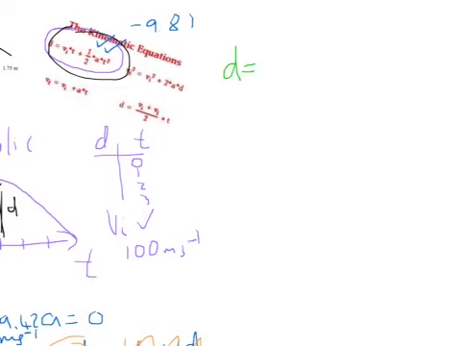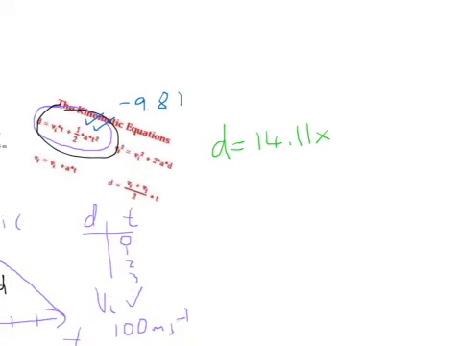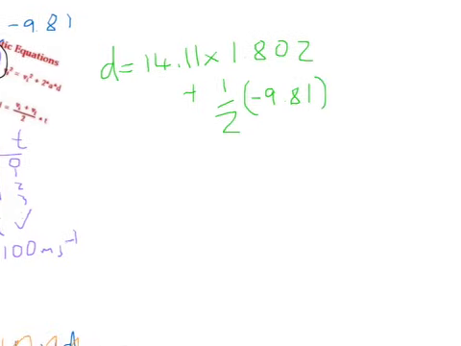D equals the initial velocity 14.11 times the time of 1.802, times by 1.802, plus half negative, within brackets, 9.81 times again by the time, times by 1.802 squared. Plugging all of that into the calculator.